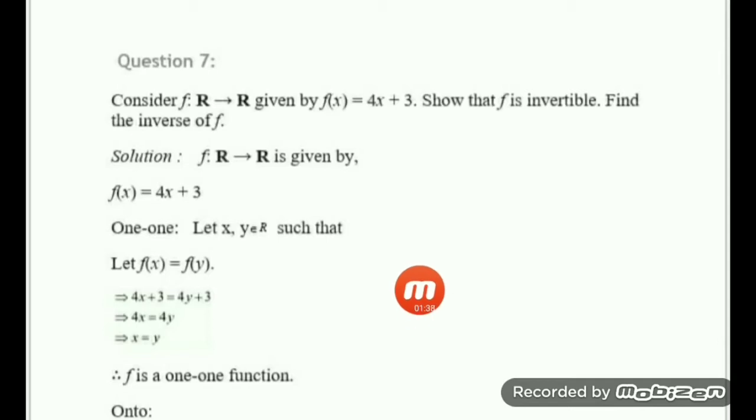Now let us proceed for onto. I hope you remember how we did onto in the previous exercise. Onto means that for every element in the codomain, you have to show that there exists an element in the domain such that f(x) equal to y. So to check that this is onto, we have to consider the function f(x), and in the place of f(x), let us name it as y, so that y is taken in the codomain.